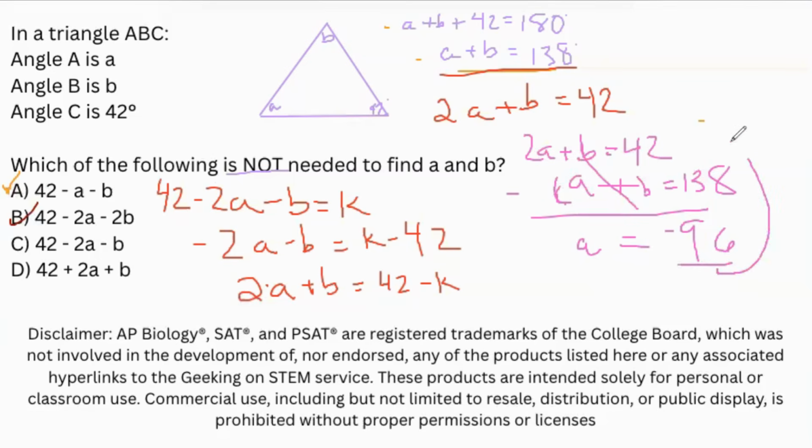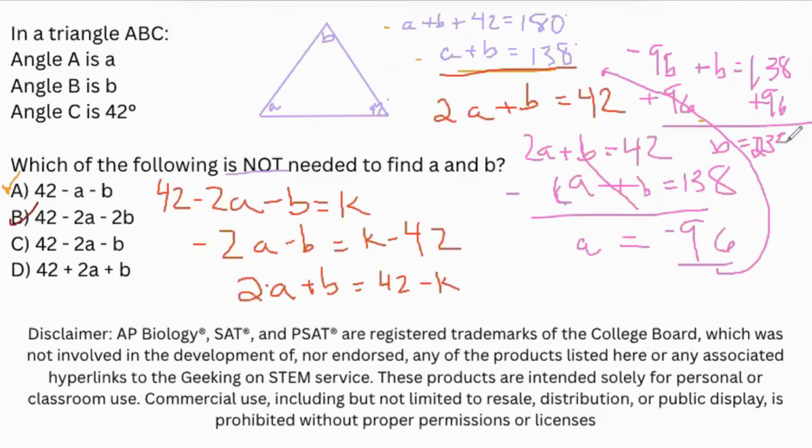Now I can plug that into my equation. So I have negative 96 plus b equals 138. Add 96 to both sides, and therefore b equals 138 plus 96, or 234, plugging into Desmos.